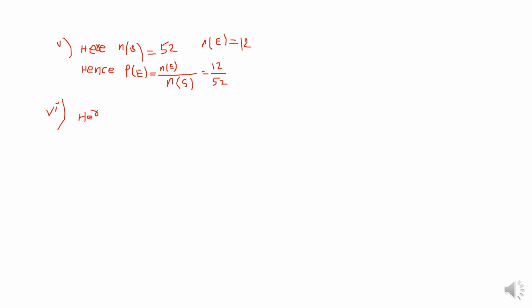Here the number of S is 52 and the number of F is 4.